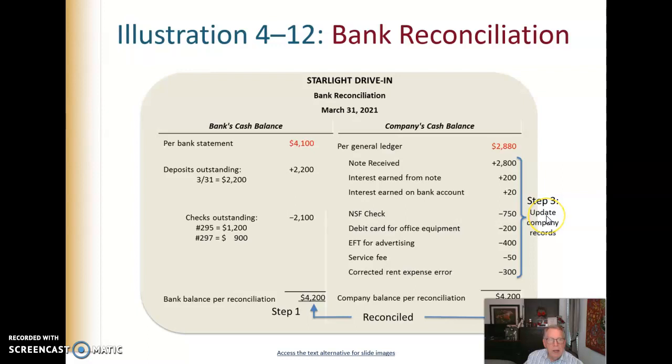So when we get a check, what we do is we debit cash and credit accounts receivable, as I think you may know by now. But now, if it's an NSF check, I have to put that back. So I'm going to have to debit accounts receivable and credit cash as my journal entry here.